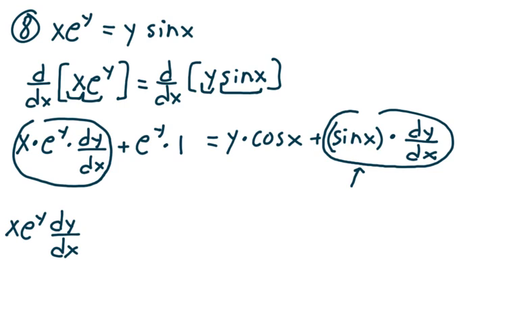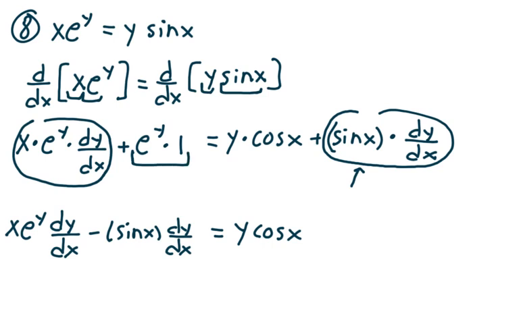When I do that, I get minus sine of x dy/dx. So that's on the left side. On the right side, we get y cosine of x, and then I want this e to the y term to be on the right side of the equation. To do that, I'm going to subtract off e to the y. So I get that.